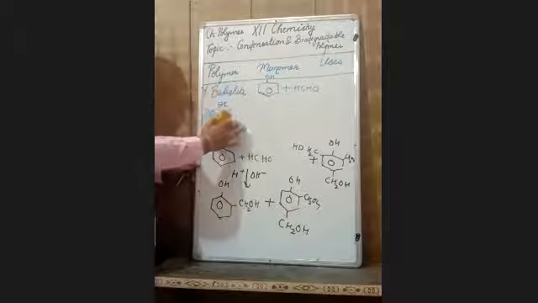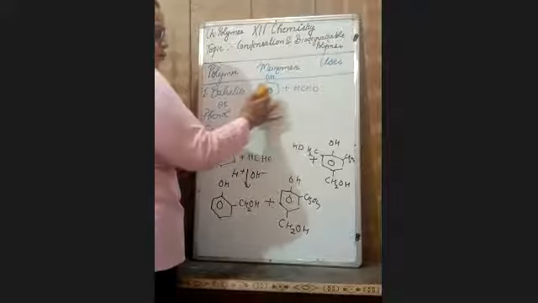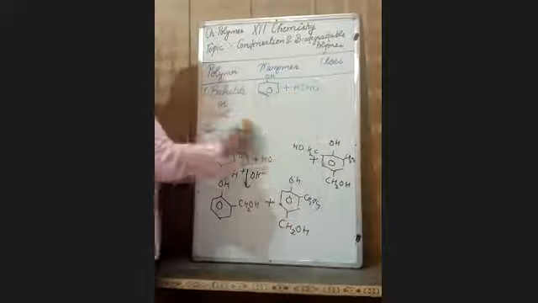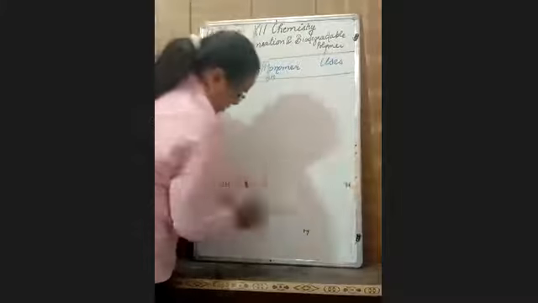Now, it will form Novolac. How will it form? It is Bakelite, phenol formaldehyde resin. Its monomers are phenol and formaldehyde. How will it form? First, it will form Novolac.